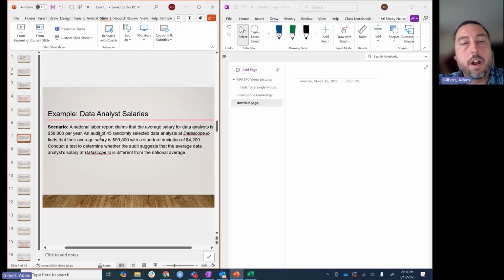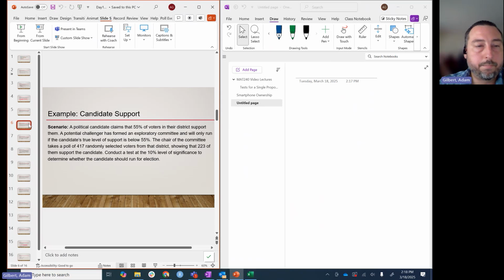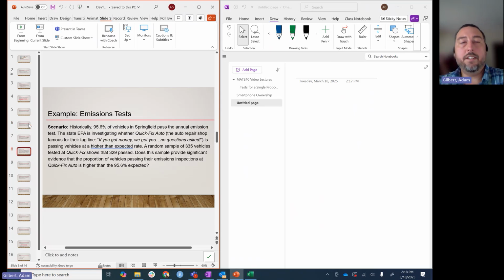Those are numeric quantities, and we'd summarize those numeric quantities by using averages. So this is an example of a hypothesis testing scenario where you're working with means. You'd revert back to what we had talked about last time.